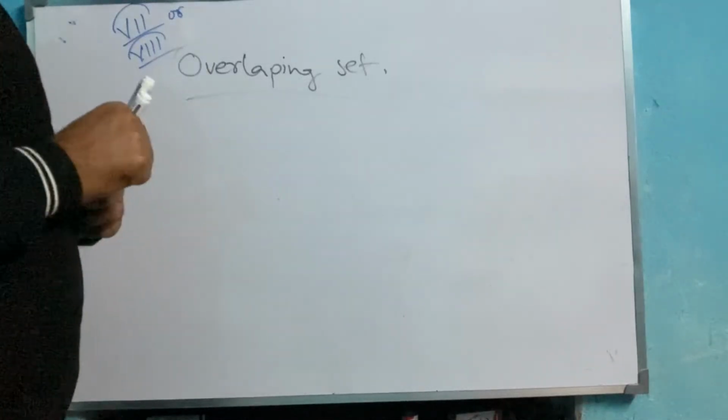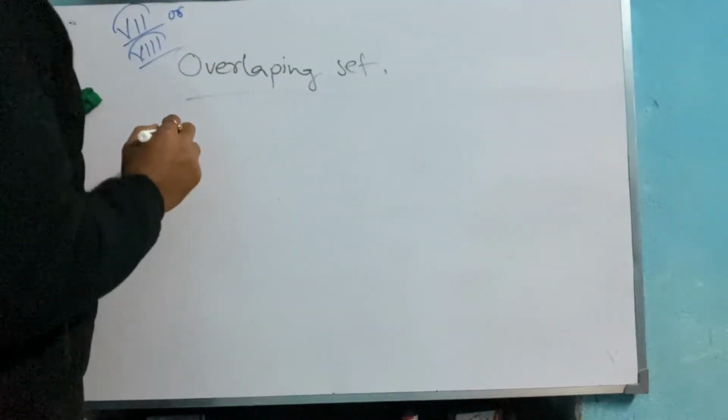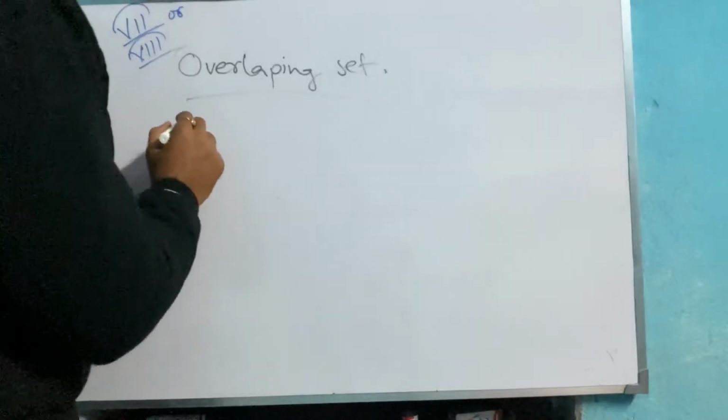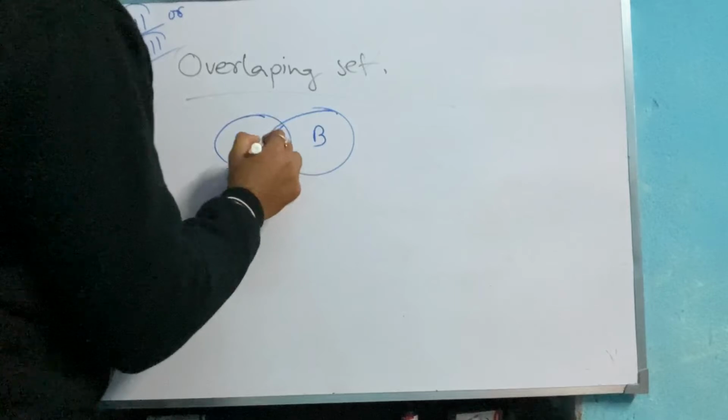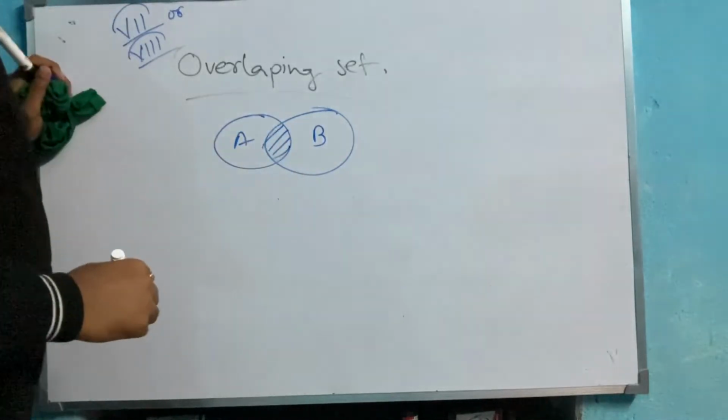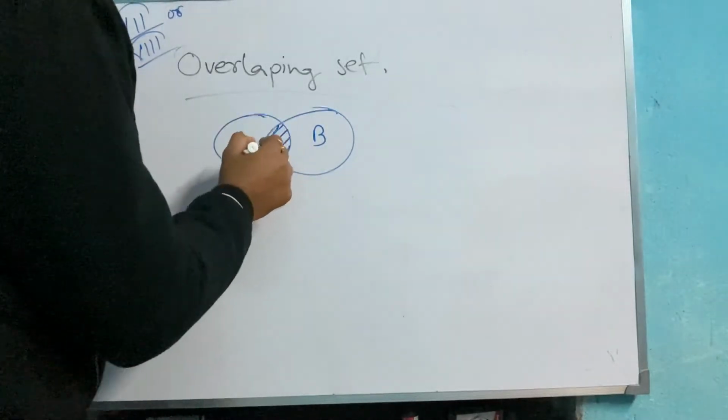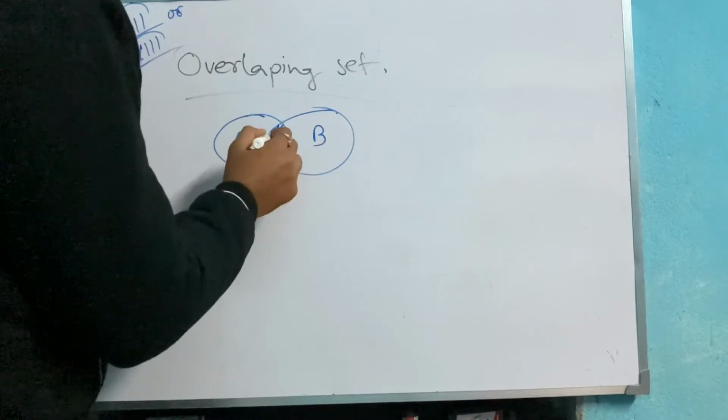From the Venn diagram, I have shown you that between 2 sets, A and B, there is an intersection area. Here 2 sets are overlapping each other, right?